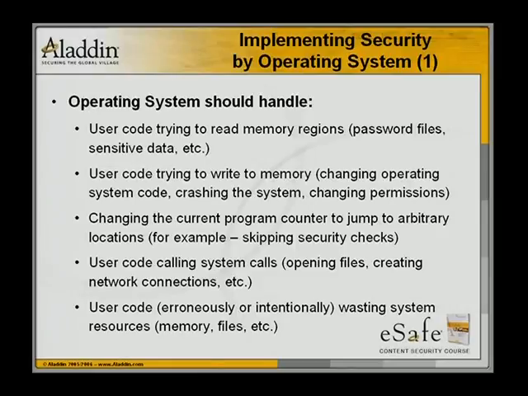So let's speak a little bit about how to implement security by the operating system. Operating systems should handle user code trying to read memory regions, such as the password file or sensitive data. The operating system should verify that users are not accessing sensitive areas of the hard drive, and are not accessing sensitive files such as the password files and trying to read or even modify them.